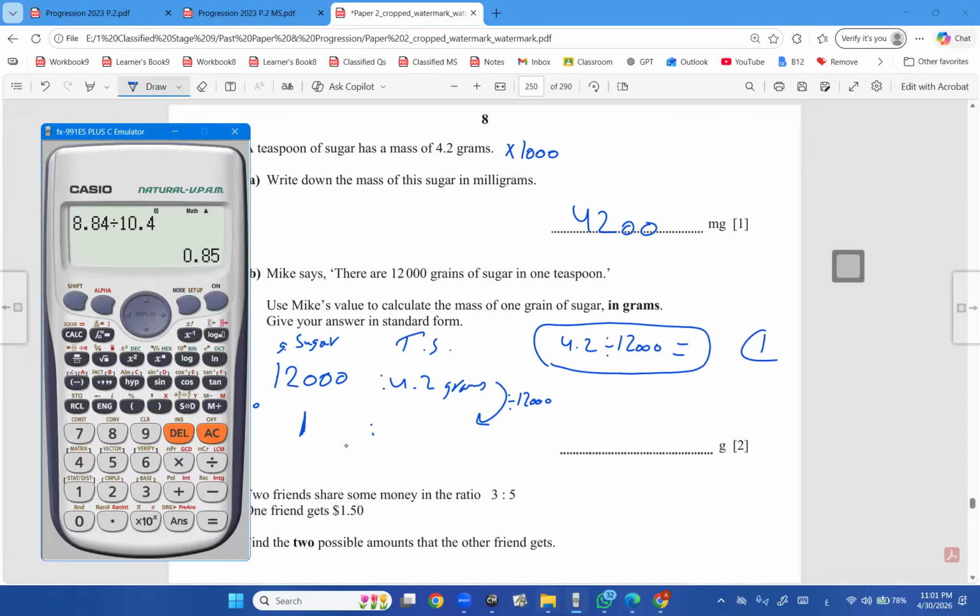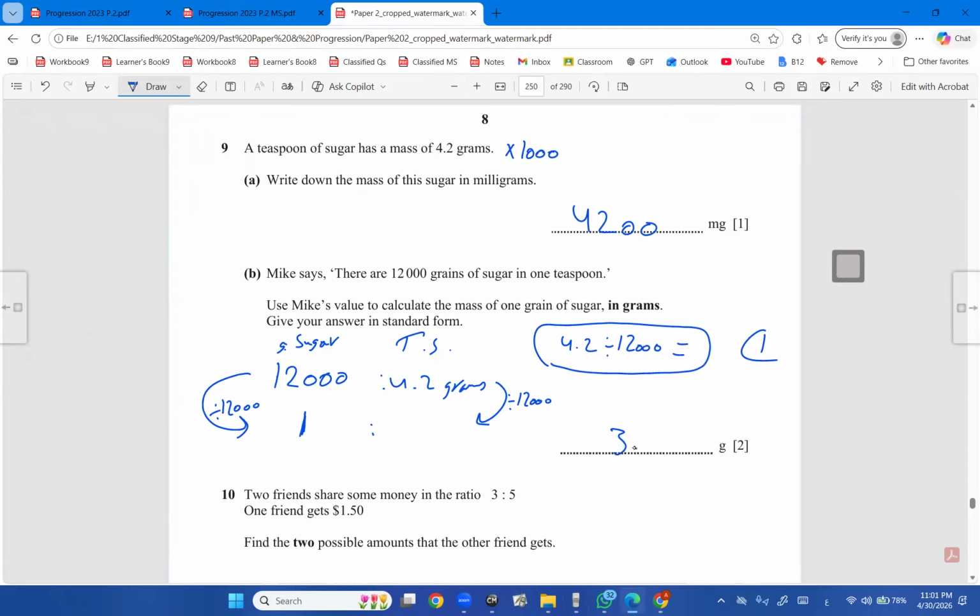Look at the calculator over here. It's paper 2. So 4.2 divided by 12,000 equals. Then once you press SD, you find the answer written to you in the standard form. Look at that. 3.5 times 10 to the power of negative 4.